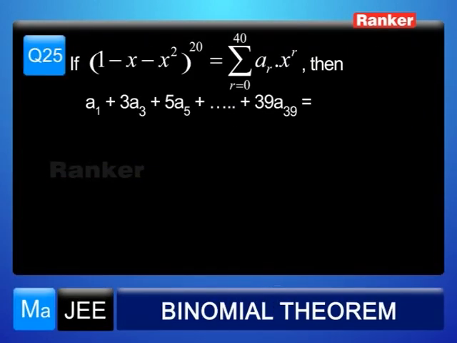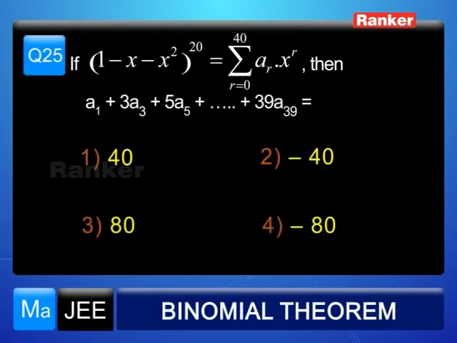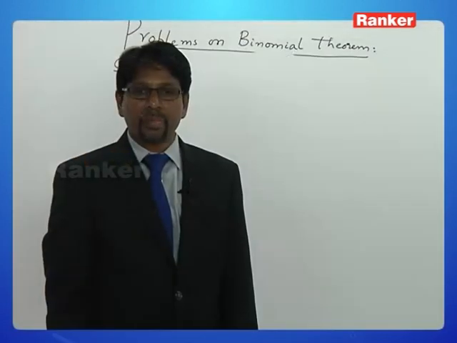(1 minus x squared) raised to the power 20 is equal to sigma Ar x power r ranging from 0 to 40, then A1 plus 3 into A3 plus 5 into A5 so on up to 39 into A39 is equal to: first option 40, second option minus 40, third option 80, fourth option minus 80.